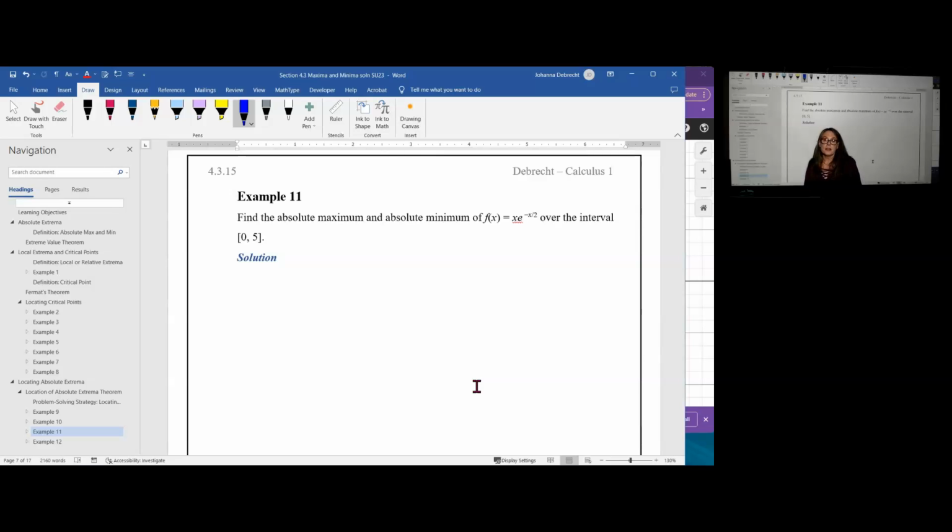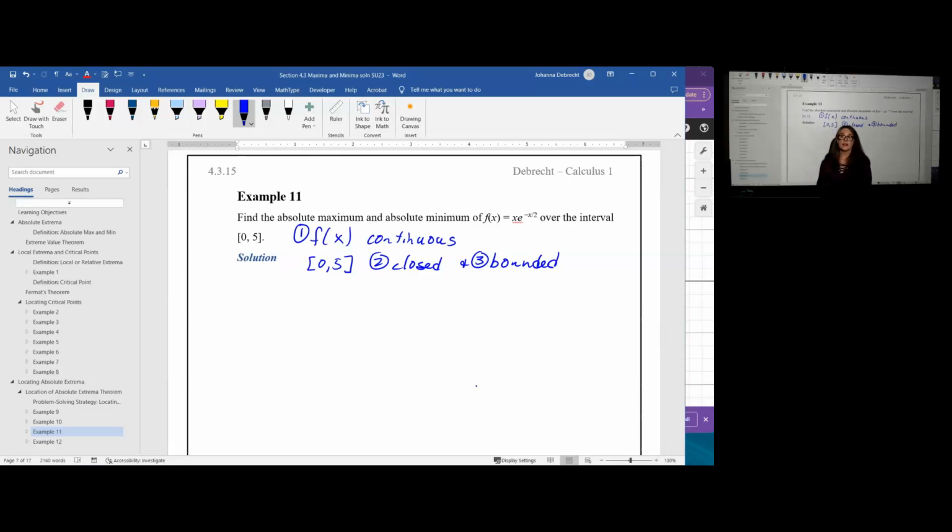We know exponentials are continuous functions, and x is a continuous function. So the product of 2 continuous functions is continuous. We also know that the interval 0 to 5 is both closed and bounded. Now we can apply the theorem.